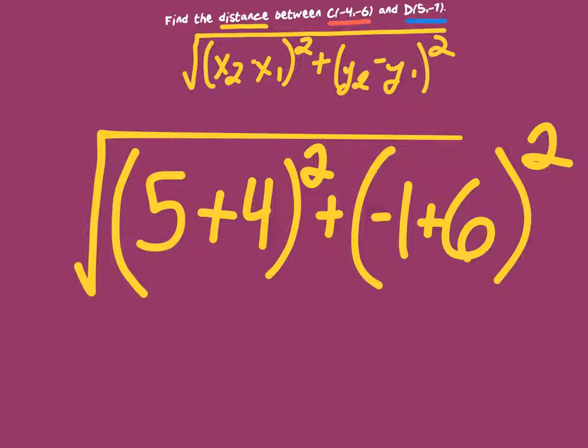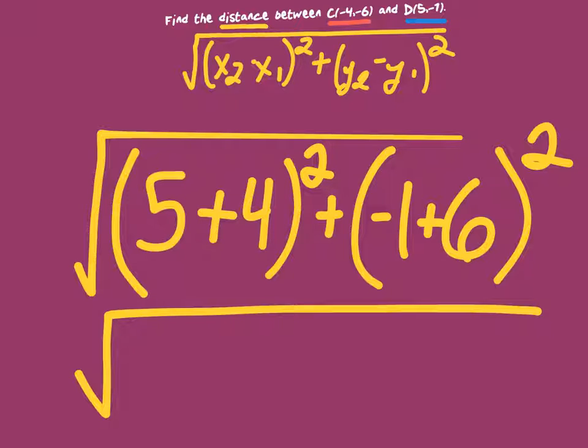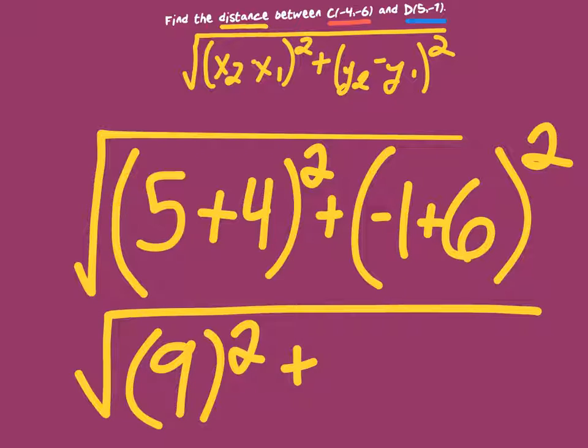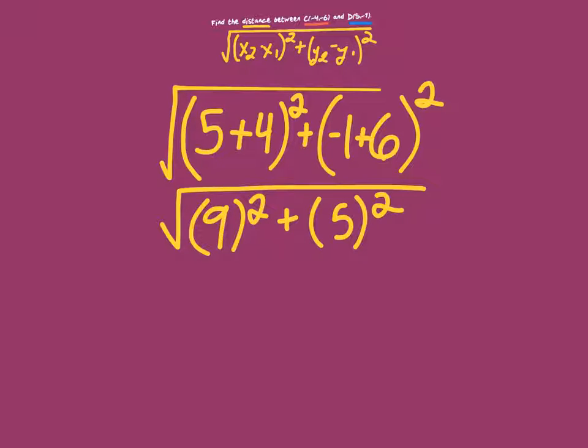Alright, let's move down another step. 5 plus 4 is 9 squared, plus negative 1 plus 6 is 5 squared. Getting smaller and smaller here.